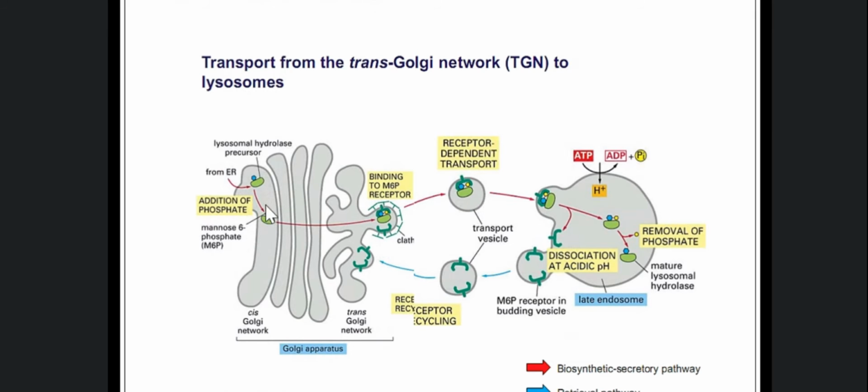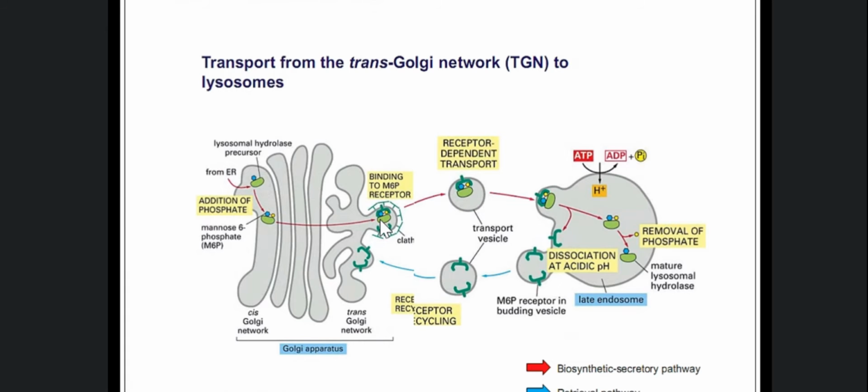And after that, this precursor is transported from the cis to the trans phase of the Golgi network. At the trans phase of the Golgi network, the M6P, that means the mannose 6 phosphate, is recognized by its receptor on the membrane of the Golgi apparatus and binds to the receptor.